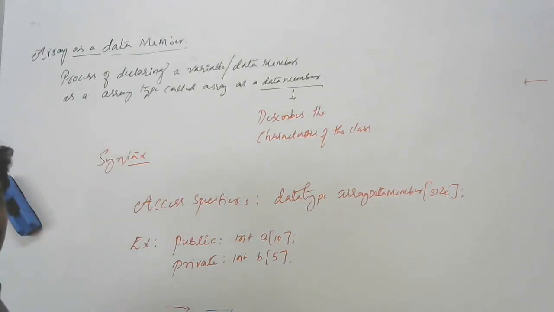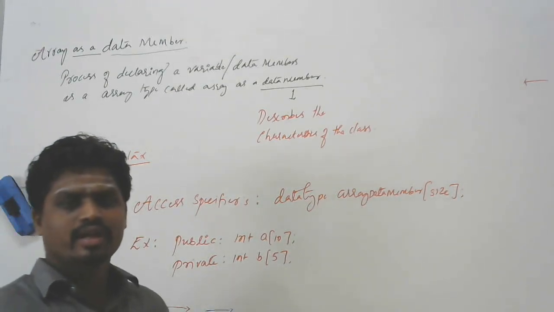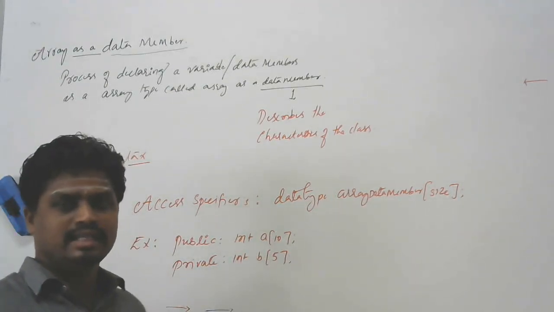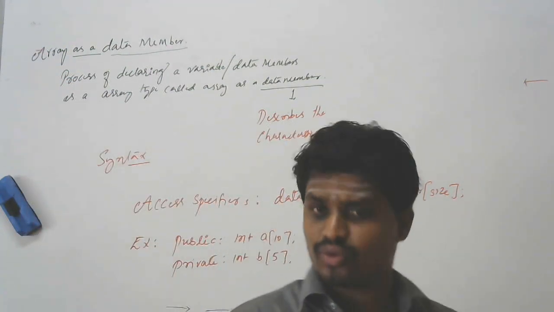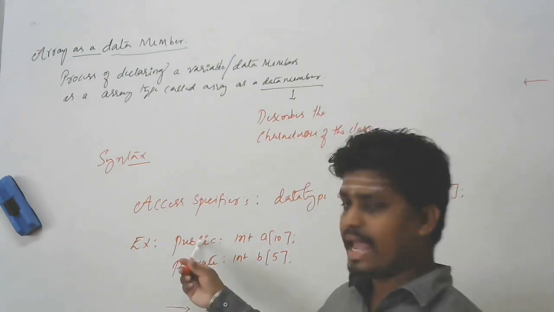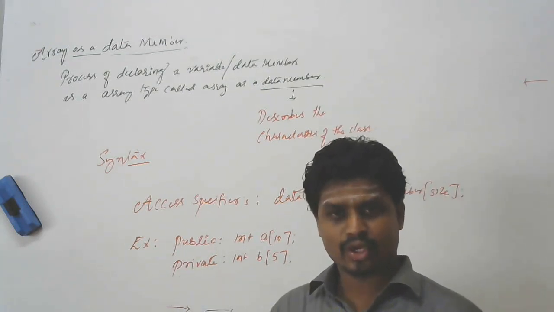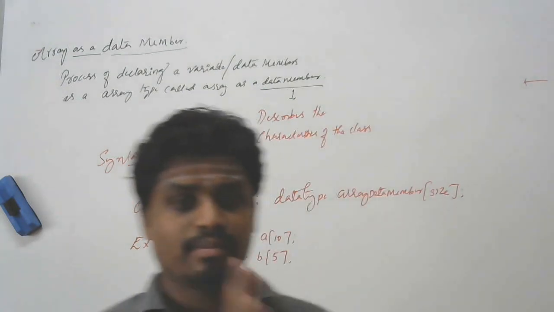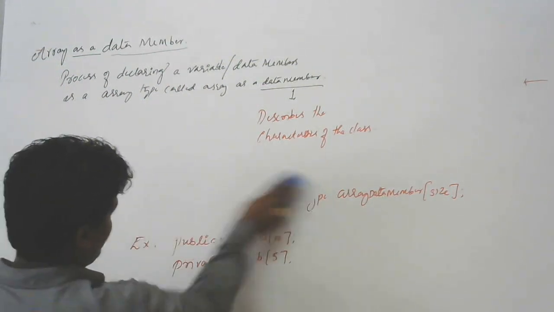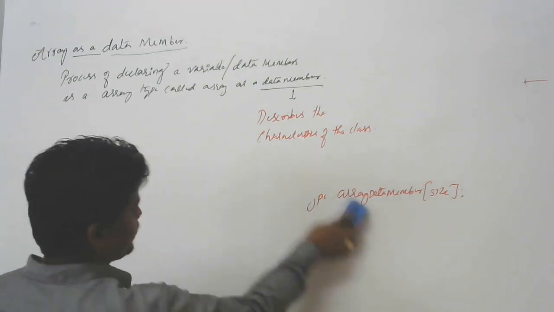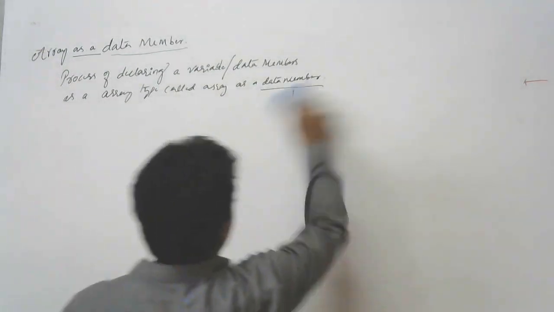Any number, no problem, but whenever you are giving an array variable as a data member, you are supposed to remember its X specifier. We'll see one small program so that you will understand how we are going to call an array variable in the class block.